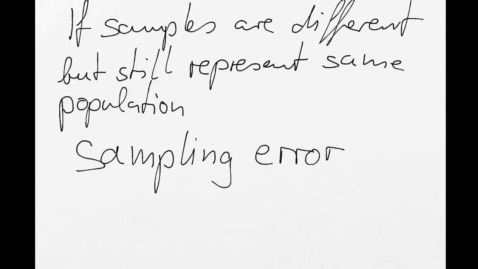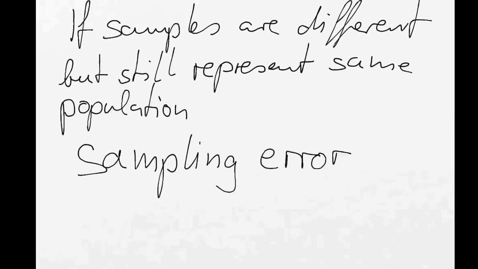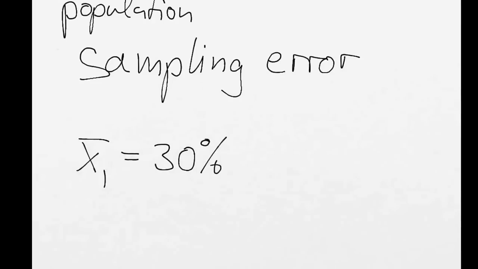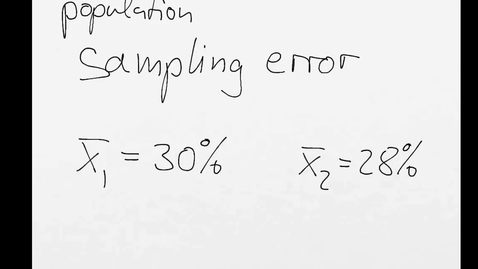What I now can do is I can say, right, I know that John had a mean of, say, 30%, and Tiffany had a mean of 28%. And I know that there is inherently a sampling error. I can't do anything about it.